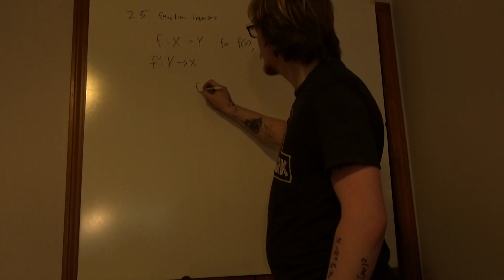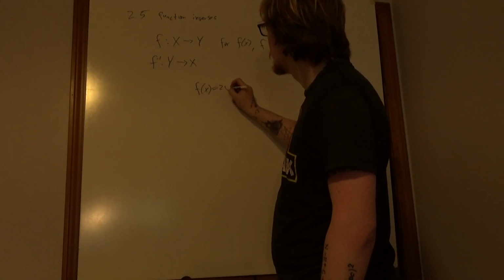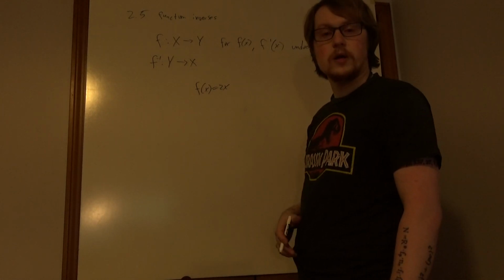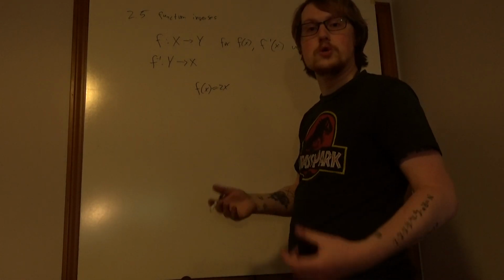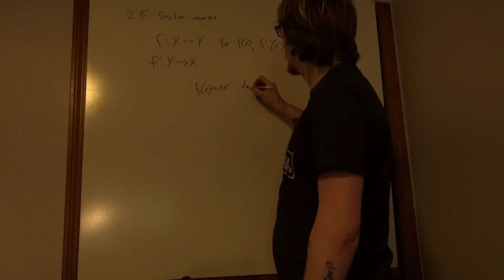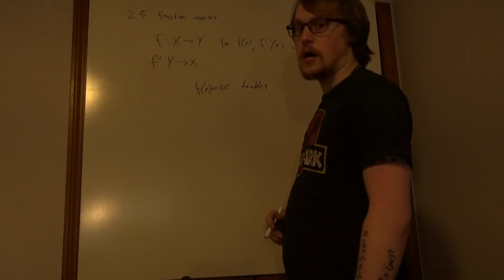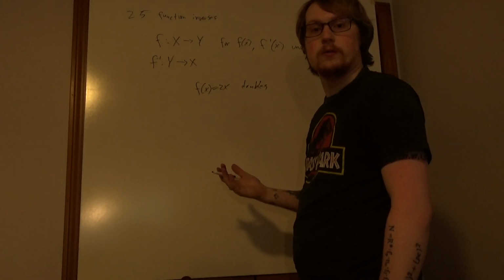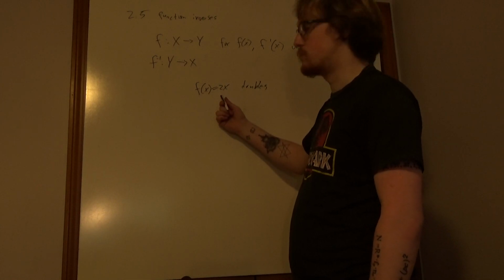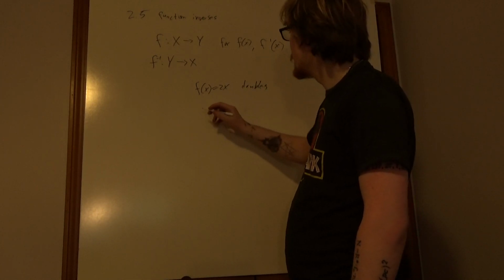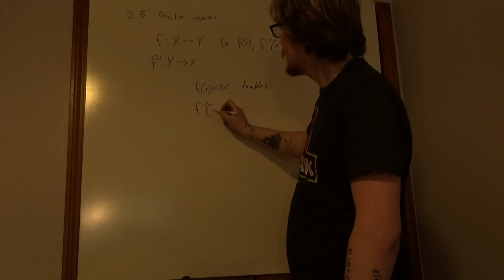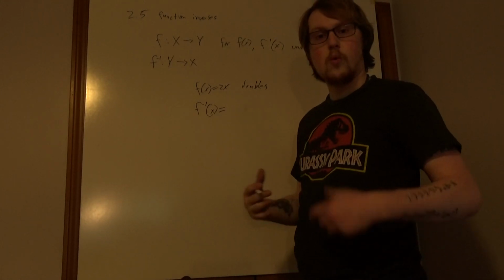An easy example is if we have f of x equals 2x. By looking at this, we can see what it does to inputs. This doubles the inputs, right? Fairly naturally, you plug in a number, it multiplies by 2, so it doubles it. And then we want our inverse function to do what exactly?